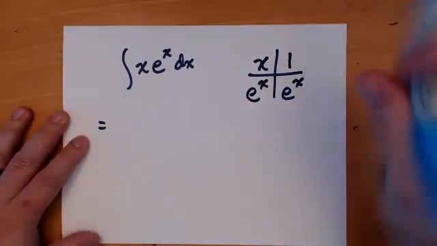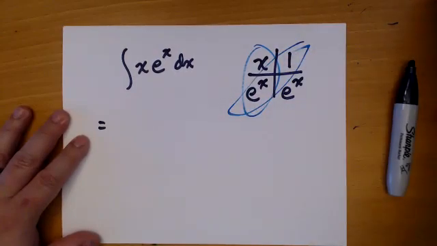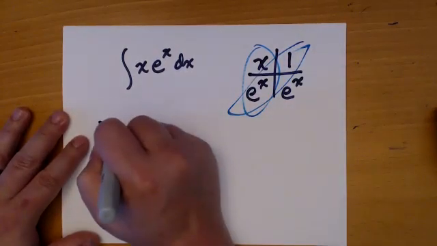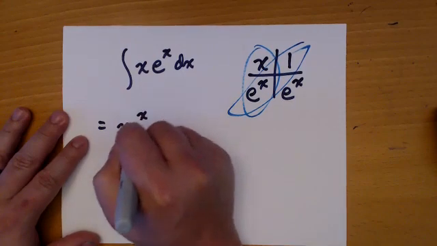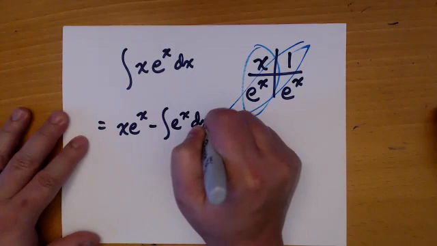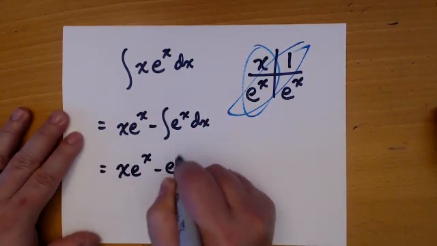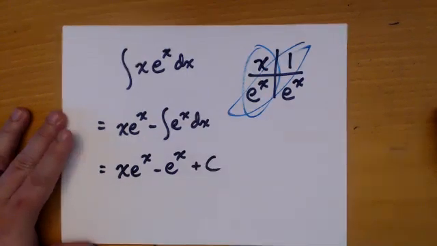And we write this minus the integral of that, and we're done.